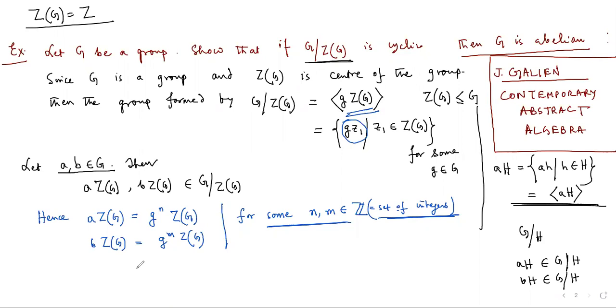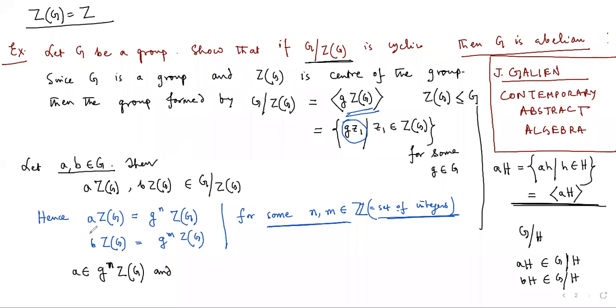Now a belongs to g^n Z(G), and b belongs to g^m Z(G).